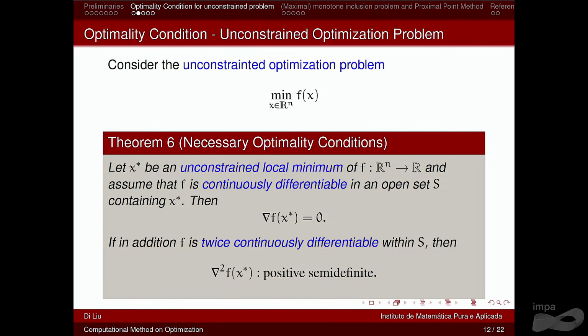Of course, if you want to solve this equation, which may be a non-linear equation, it would be difficult. But checking whether at some point xk the norm of the gradient is small enough is much easier than solving this system.